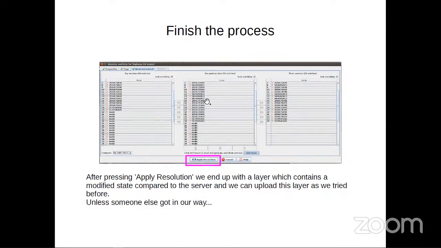Otherwise, if I would now see, oh, I missed something, you can at any stage here unfreeze it and go up editing. Then you end up in a layer which contains the best of both worlds in your opinion. And then you would simply upload it again. And unless someone else had been editing here in the meantime, you should be good.